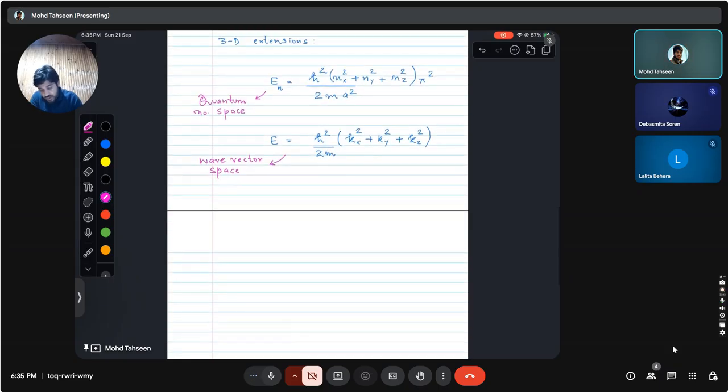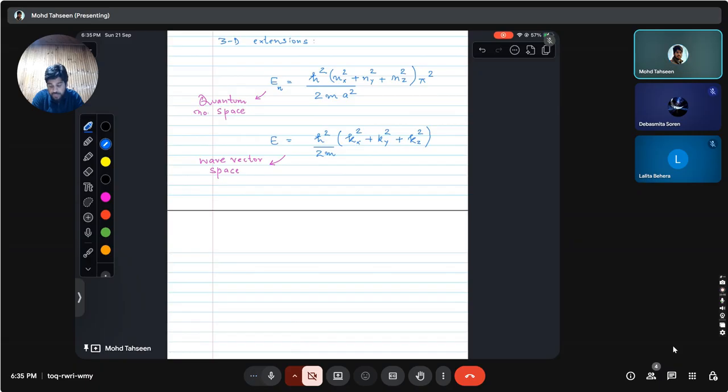So now what does this tell us? These nx, ny, and nz are coordinates in a particular coordinate frame. Similarly, in the other frame, the k frame, the wave vector frame, the components would be kx, ky, and kz. So these are two different coordinate systems. We can think of them like that.